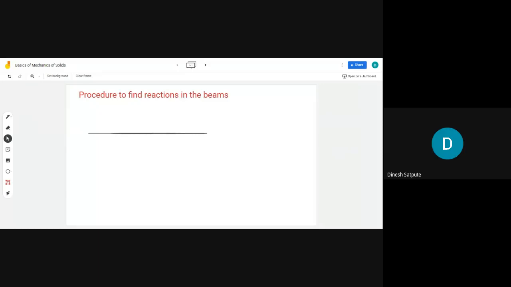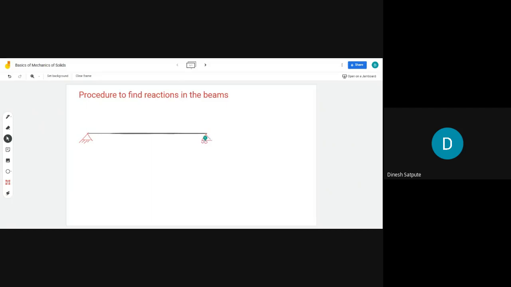As this is a simply supported beam, it is subjected to reactions at the supports. A simply supported beam is mostly denoted with this kind of symbol. One end will be a hinge end and the other end will have a roller support.